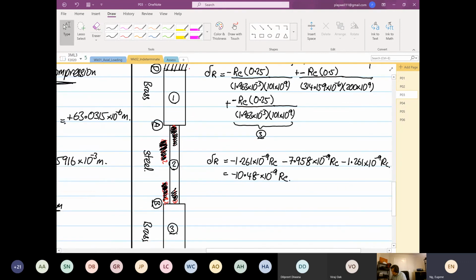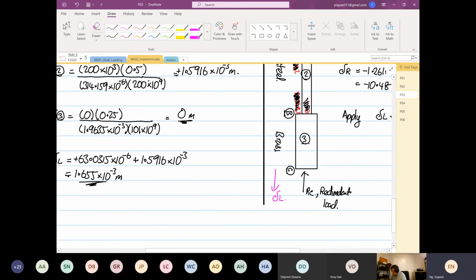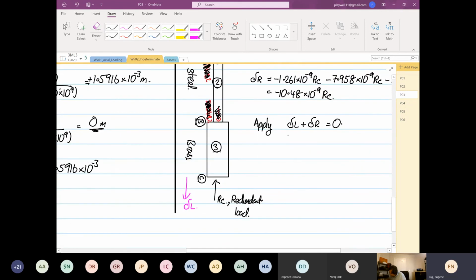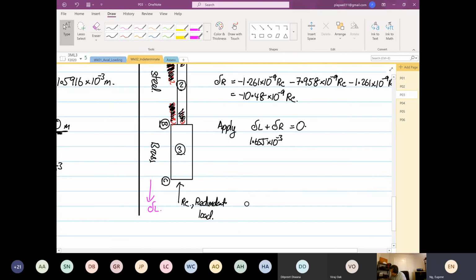So from here, we are going to apply delta L plus delta R, the whole thing equal to 0. So delta L is 1.655 times 10 to the power minus 3, and delta R is equal to minus 10.48 times 10 to the power minus 9 RC.